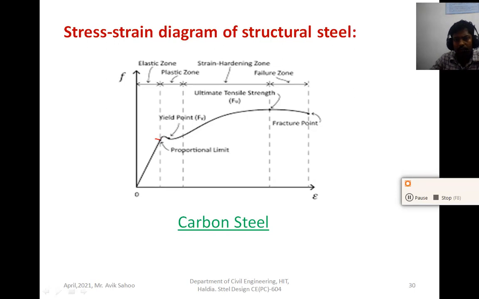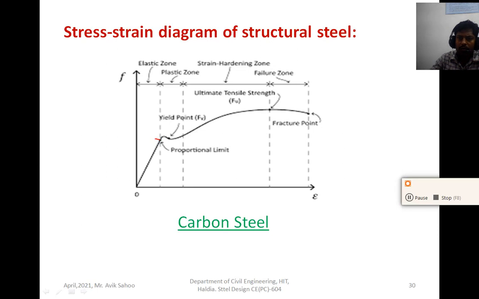The tensile load is applied and we are increasing the load, and we get the corresponding deformations from the deformation dial gauge.